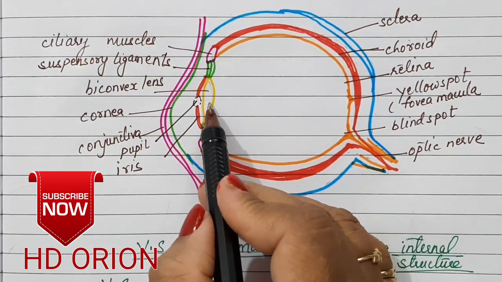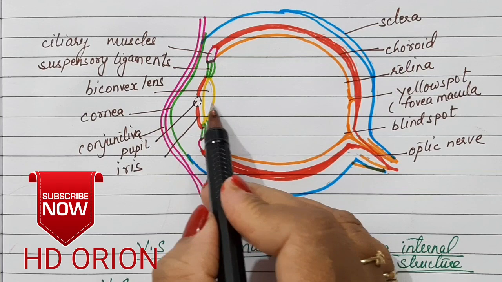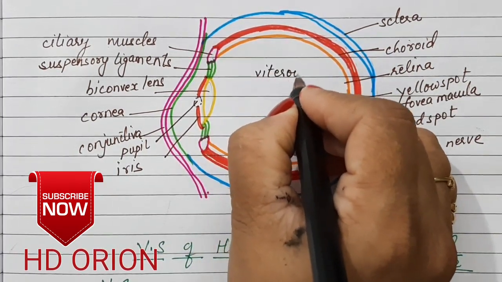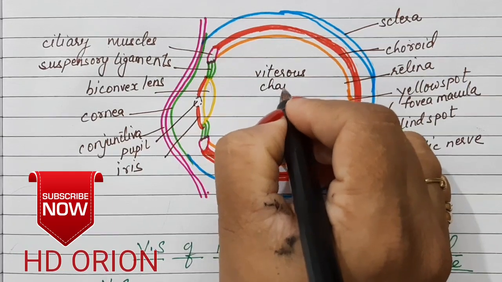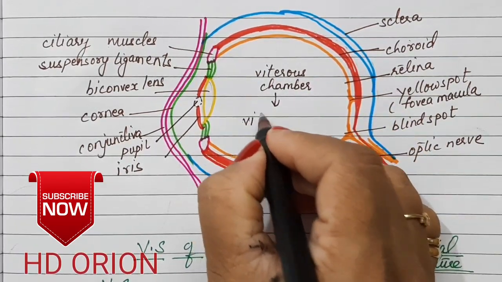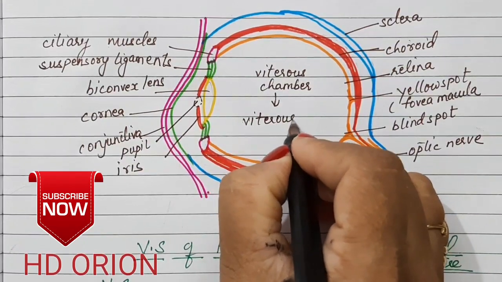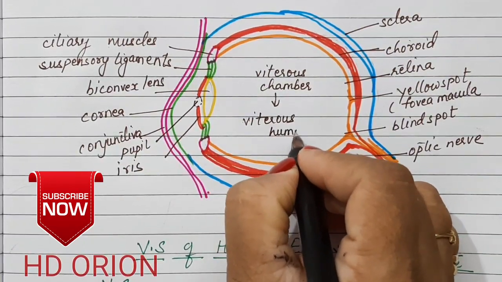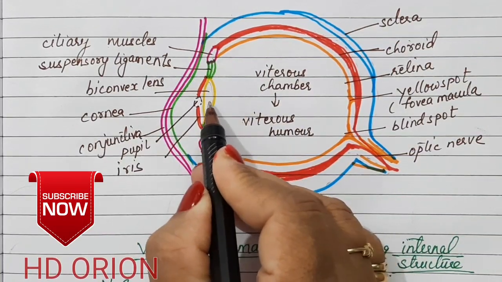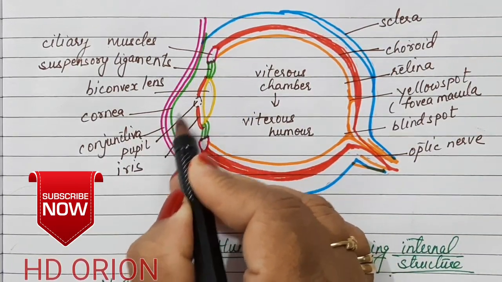Now the lens divides the section into two parts. This is the middle part, which is called the vitreous chamber, and it is filled with a jelly-like substance called vitreous humor. This part is behind the lens, and in front of the lens there is another chamber.